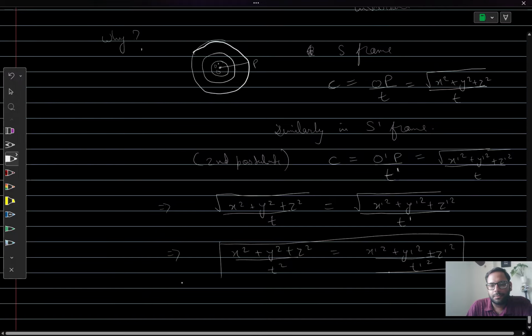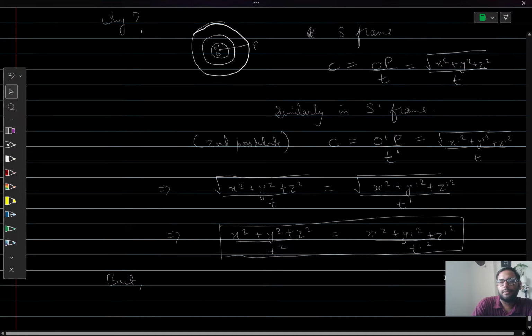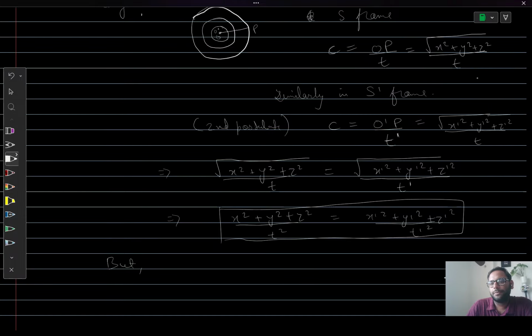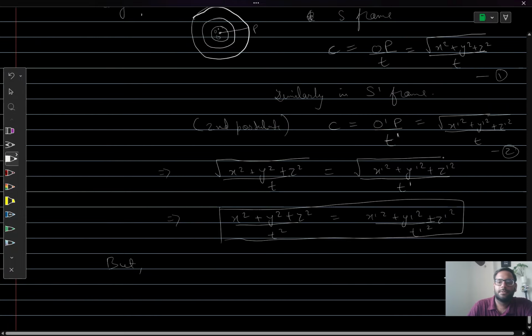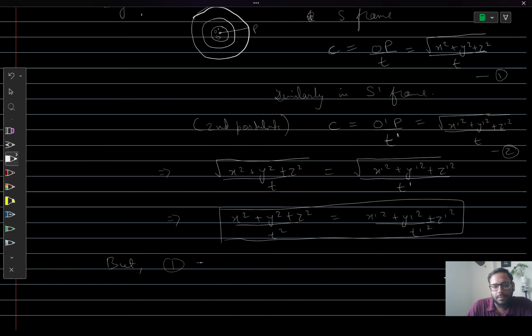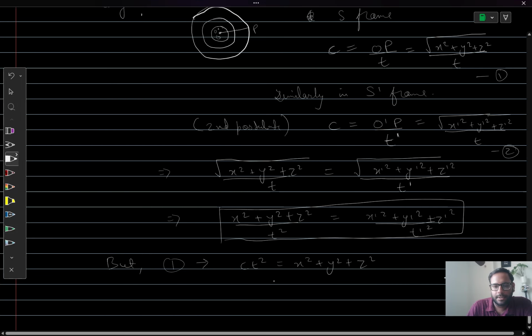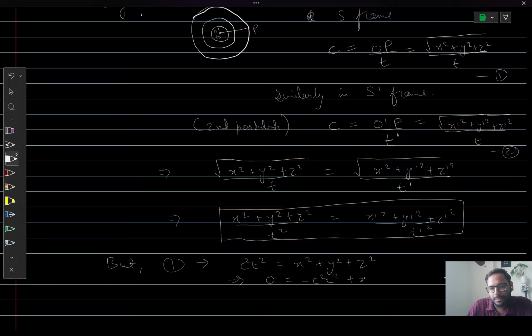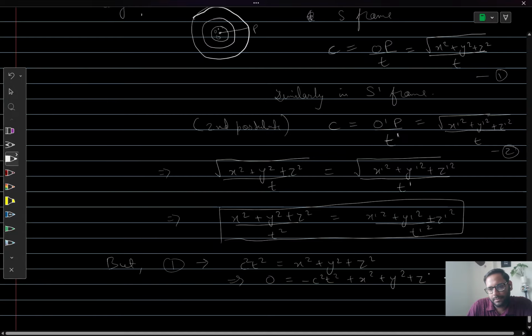But also, if you modify your above equation a bit, suppose this is your first equation and this is your second equation. From the first, it can be written as c squared t squared equals x squared plus y squared plus z squared. This will be given as minus c squared t squared plus x squared plus y squared plus z squared.